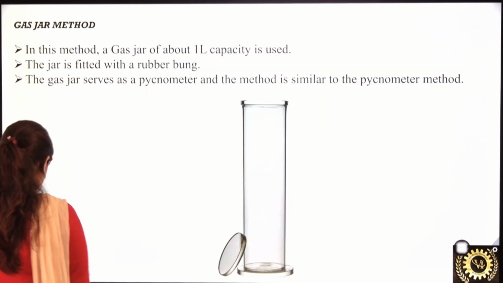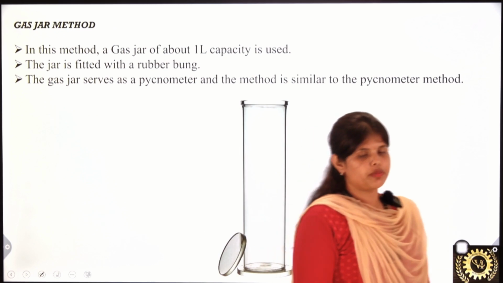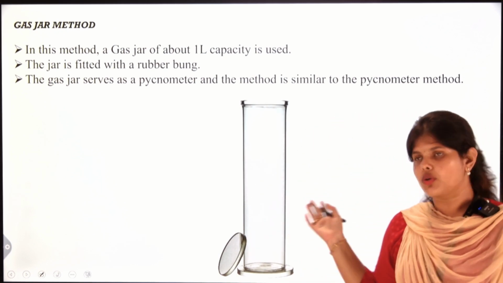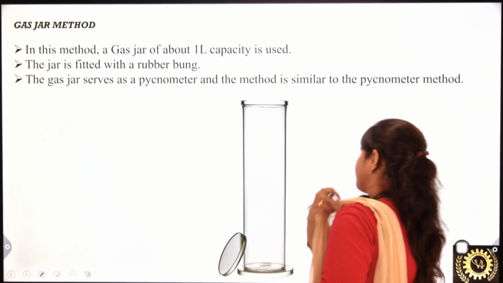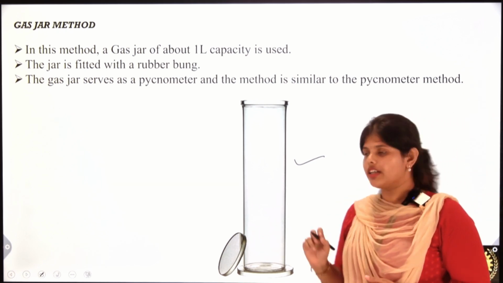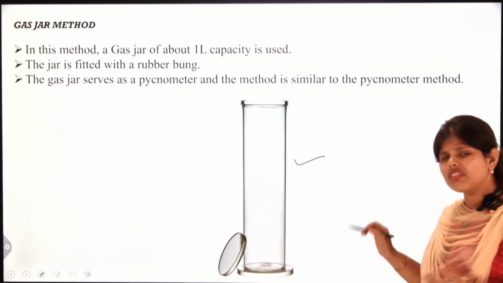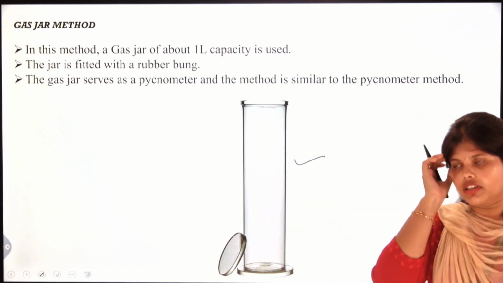So next is our gas jar method. This method is not important, and in normal college laboratories we don't use it, but we will know about it. Gas jar method does not mean the jar is filled with gas. This method is completely similar to the pycnometer method.